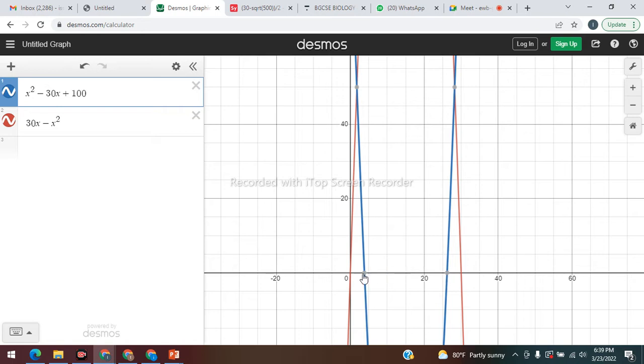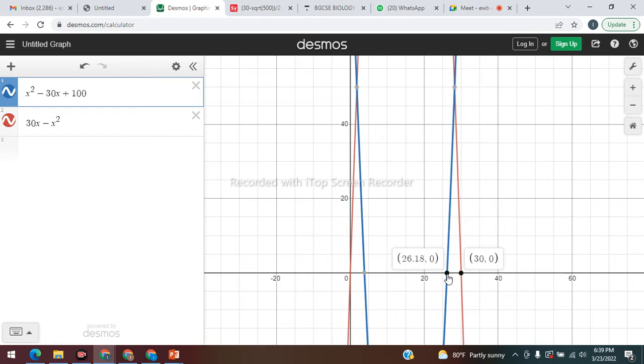Is there any correlation between this? This is 0. The first point here is 3.82. This is 30. The next one is 26.18. Is there any correlation between 30 and 26.18?